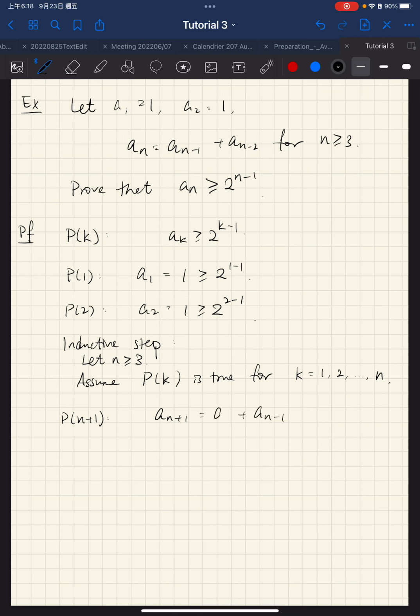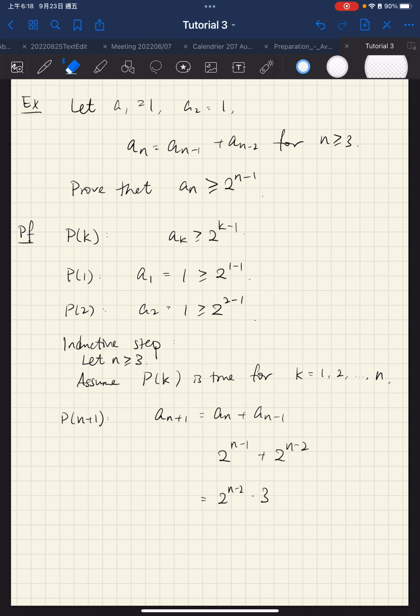But you can see an, we know that it is larger than 2 to the n minus 1, and a n minus 1 is larger than 2 to the n minus 2. And if you calculate, you have n minus 2 times 3, which is definitely smaller.